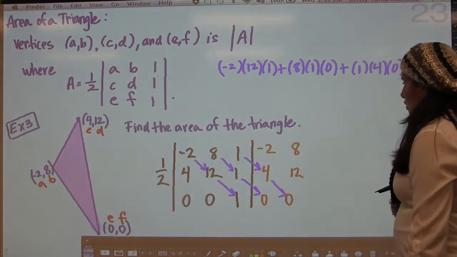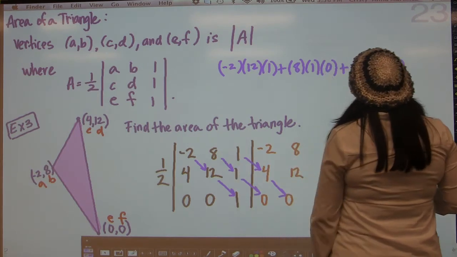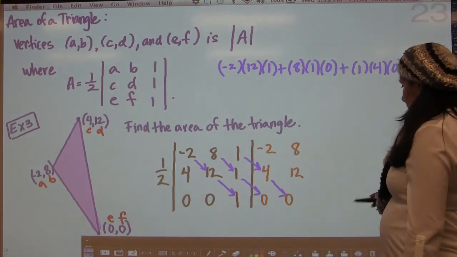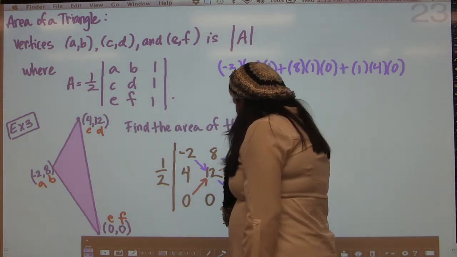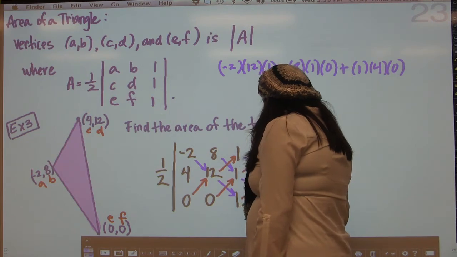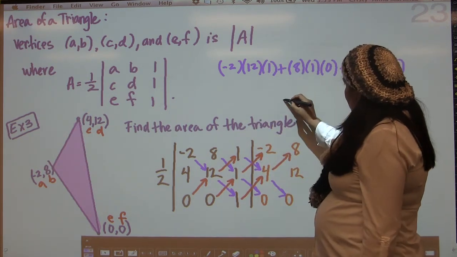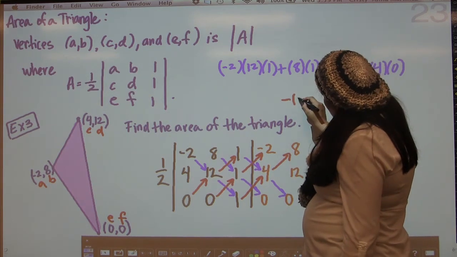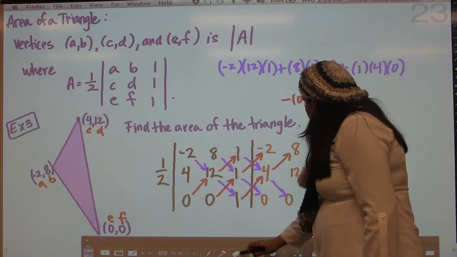So all of the blue diagonals are going in the downward direction here. And so I am going to now go upwards. And remember, the way that I do it is to just make these all minuses. So now, these are all pluses, and I'm going to go minus 0 times, oops, that's where you start making mistakes.